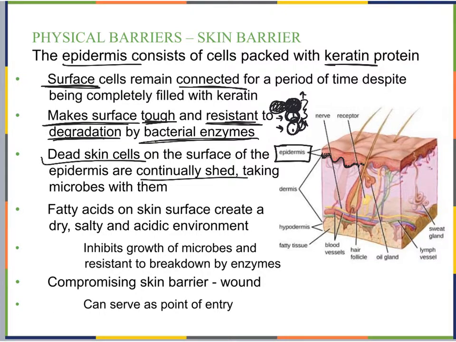When this happens, it takes microbes with it. If a pathogen is working its way down, we're hoping that our cells being pushed upward is faster than the pathogen working its way downward. And so when this top layer gets washed off or sloughed off, it's going to take that pathogen with it.